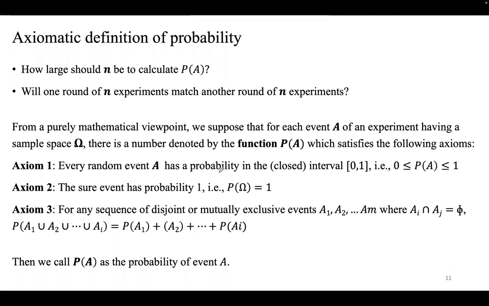For an event, its probability would fall within the values 0 and 1, which does satisfy the criteria for relative frequency, right? A sure event, or an event which you define as the whole of the sample space, will have the probability 1 or the relative frequency 1, because that is always going to happen.